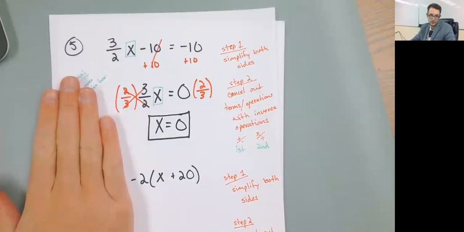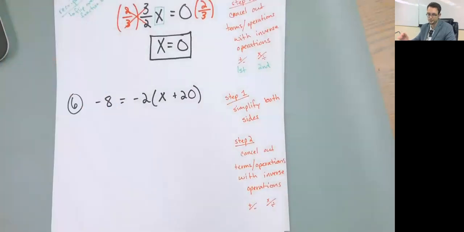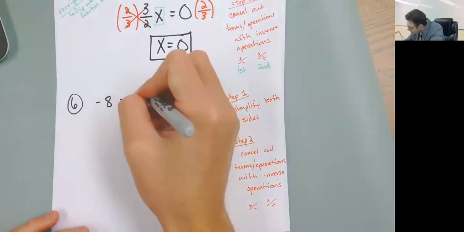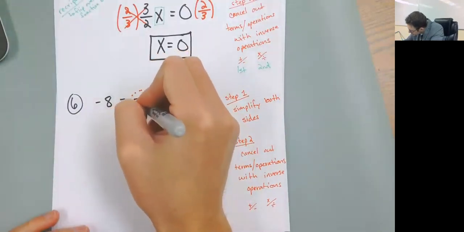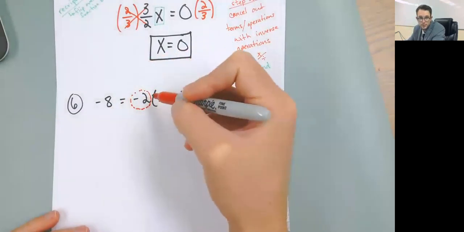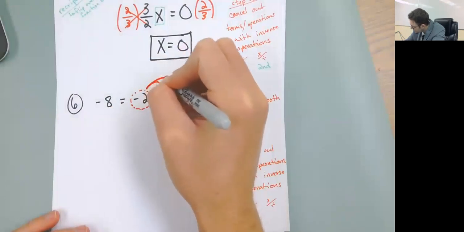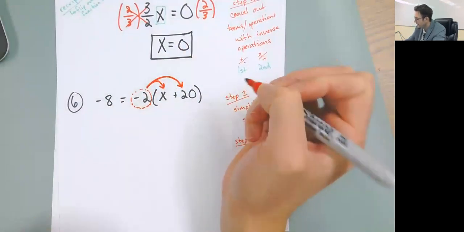That right side doesn't look simplified to me. Doesn't look simplified at all. So step 1, simplify. Really important that you are distributing not just 2, but you're going to distribute -2. You're going to multiply both of these by -2.